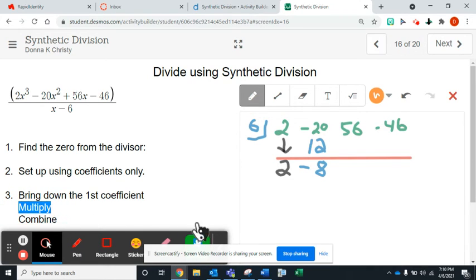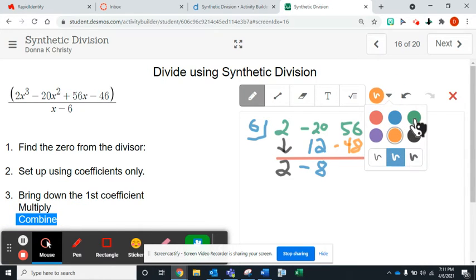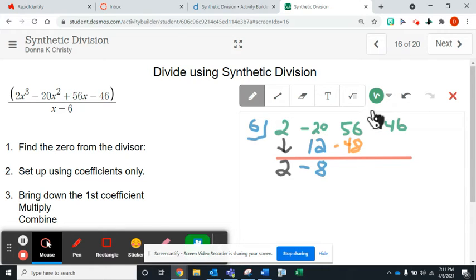We multiply 6 times negative 8, which is negative 48. The product goes right here. Then we combine those: 56 minus 48 is going to be 8.